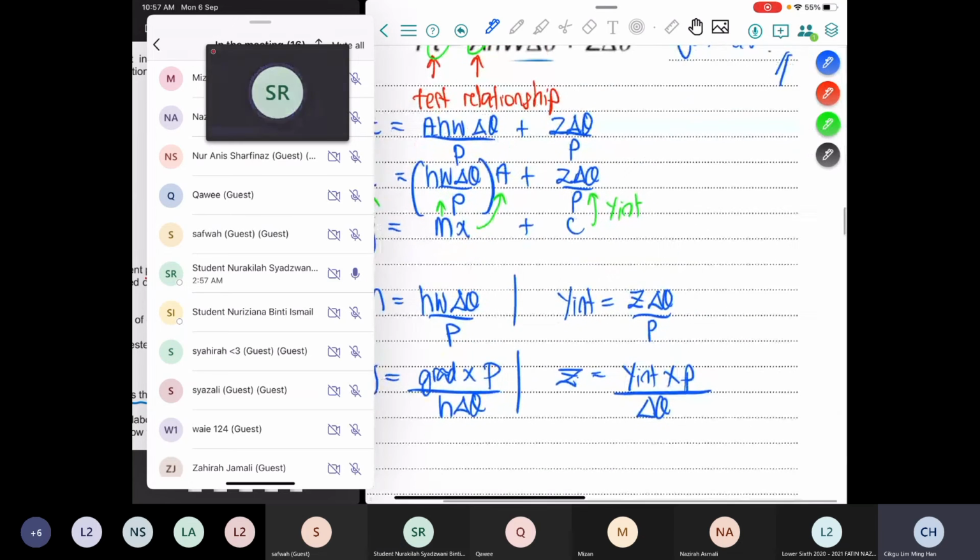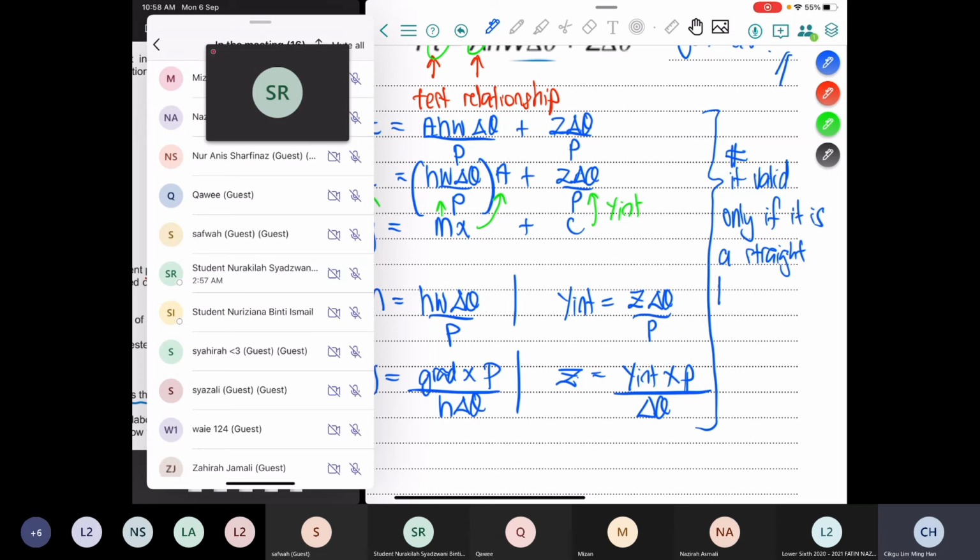Thank you, Kila. Okay. Just for information, this is very important. It is valid only if it is a straight line.